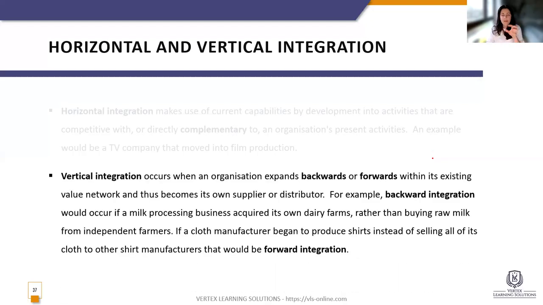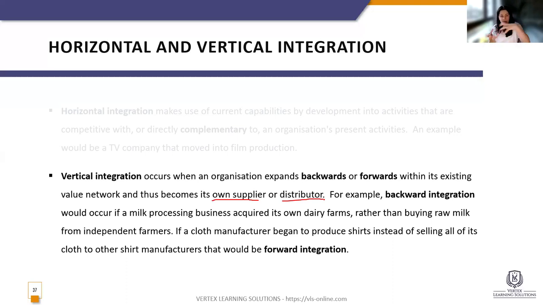Vertical means that we are going to expand backward or forward within the existing value network. So it means that we are going to become either our own supplier or distributor. Let me give you an example. Imagine that you are a car manufacturer like Volkswagen. If you open your own dealership, that means that you are going to integrate forward.